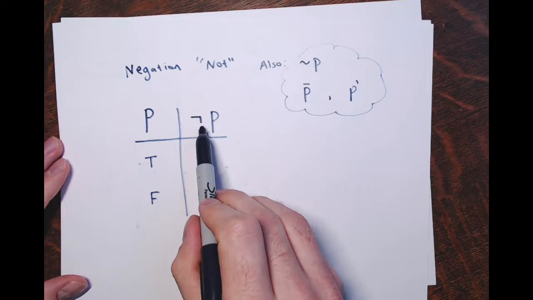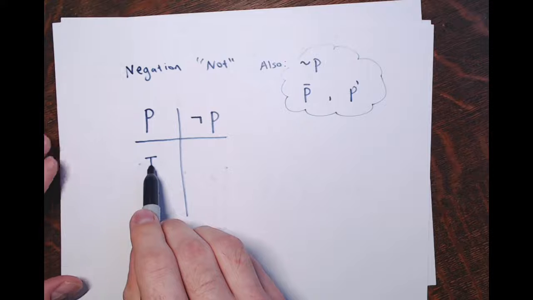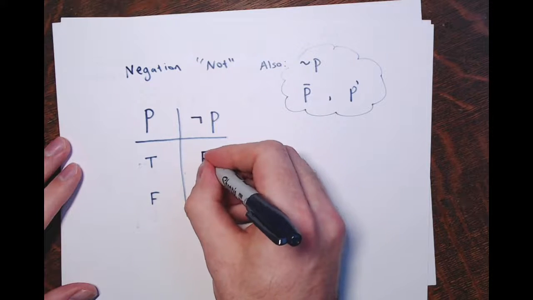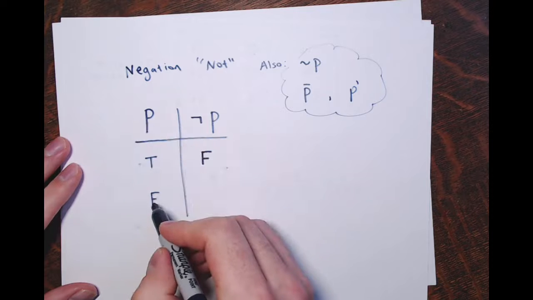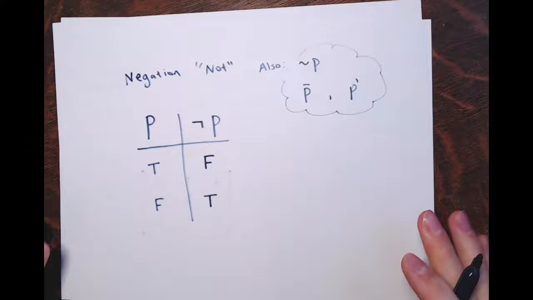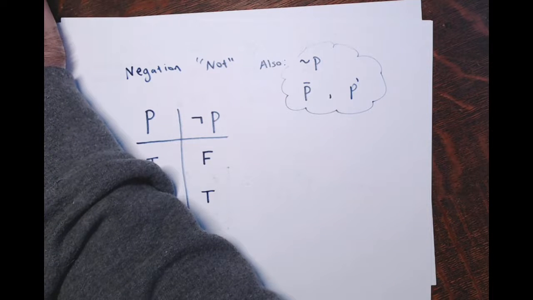But in our book, in the zyBooks, it's this little backwards sideways L here, not P. Whenever P is true, not P is false. And whenever P is false, not P would be true. It's simply reversing, doing the opposite truth value. Very simple to make the negation truth table.